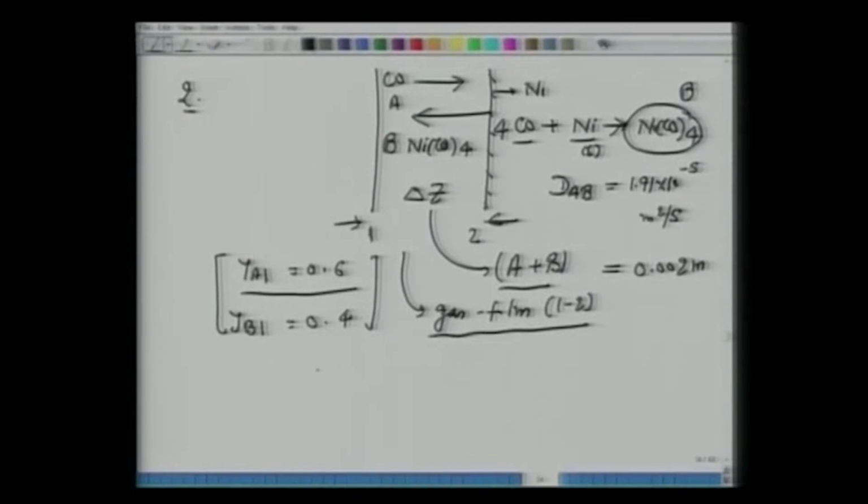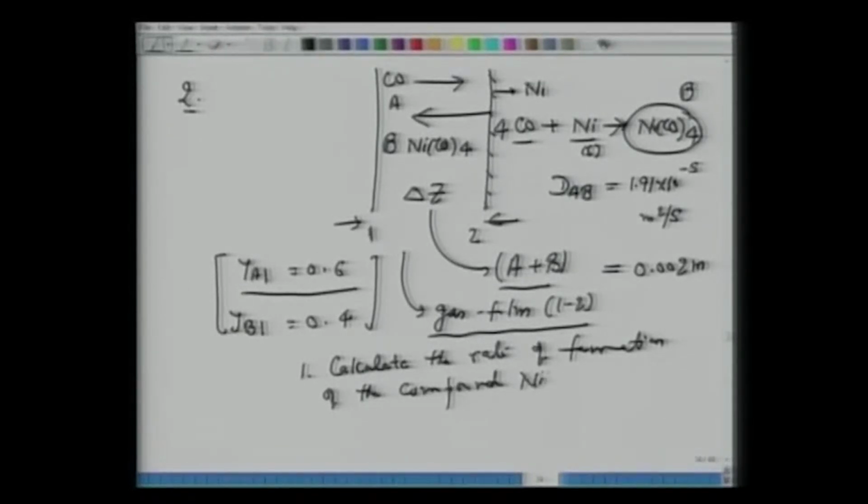So the first question is: calculate the rate of formation of the compound, which is here nickel carbonyl Ni(CO)4, per unit contact area.